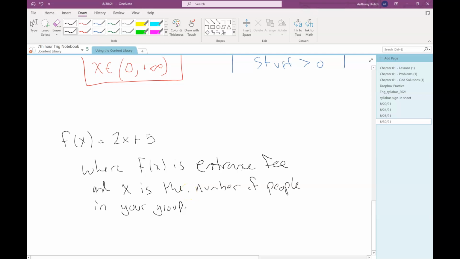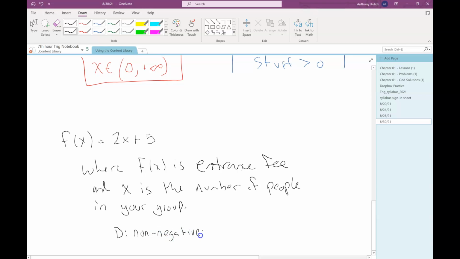Okay with that? So since x is representing people, what kinds of numbers can represent people? Whole numbers, right? And even more specifically, what kind of whole numbers? I would say non-negative. I think 0 would be okay also, but whatever. So the domain there would just be non-negative, or you could say positive.